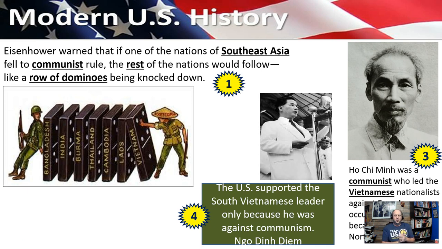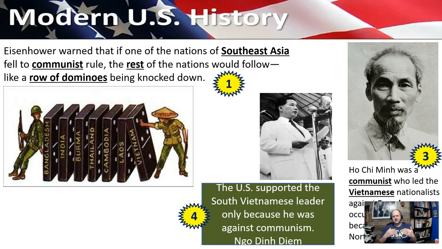So back to number 1, fill in the blanks here. Eisenhower warned that if one of the nations of Southeast Asia fell to communist rule, the rest of the nations would follow, like a row of dominoes being knocked down. This becomes known as the domino theory.